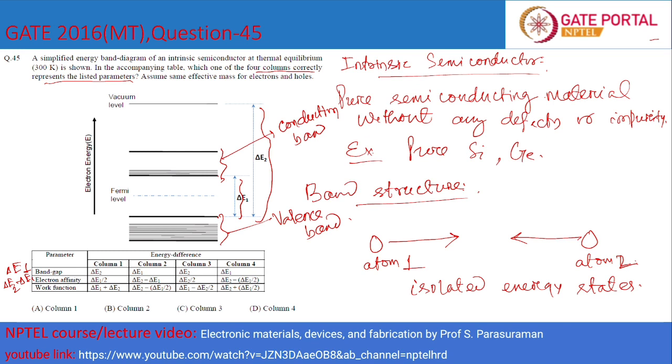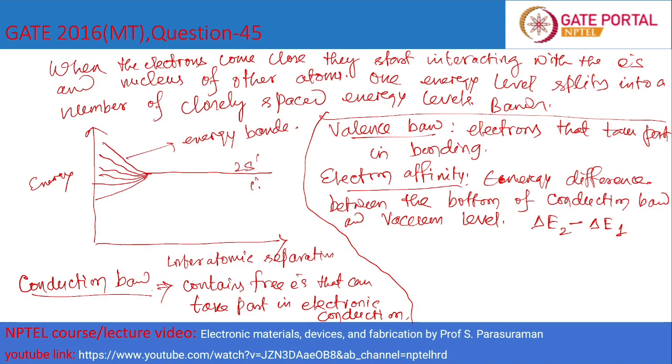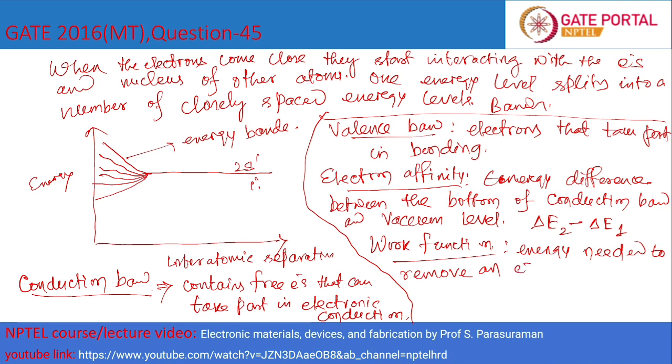Now, work function. So what is work function? This is the energy needed to remove an electron from a point to a point in vacuum.